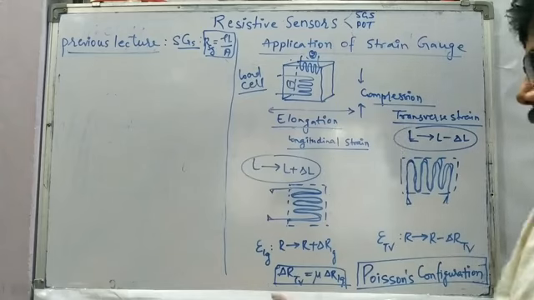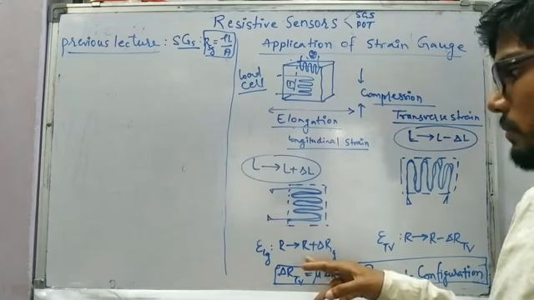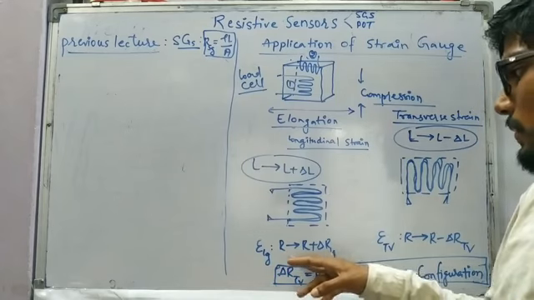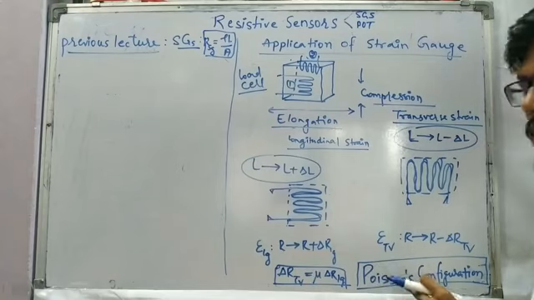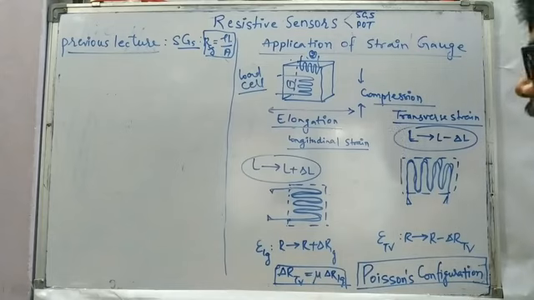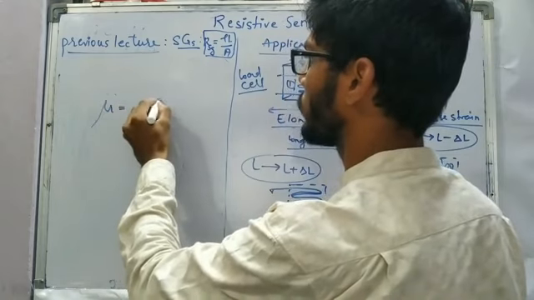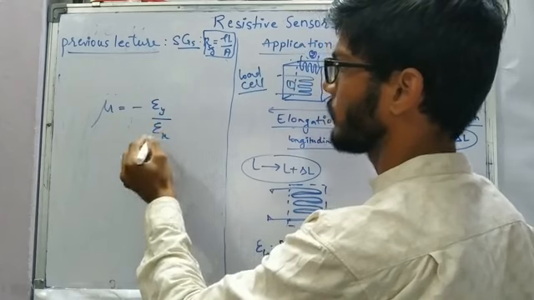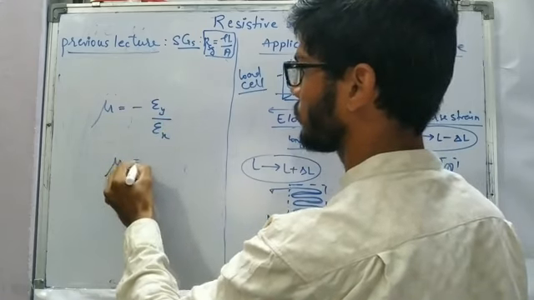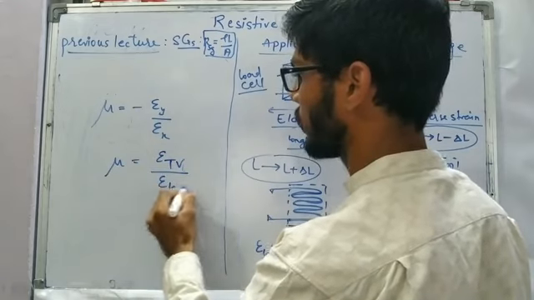So due to the longitudinal strain, the resistance of the strain gauge is going to be affected as R converted into R plus delta R in the longitudinal direction, and in the transverse direction it is going to be R minus delta R. As we know, as per Poisson's law, mu is equal to minus of E transverse by E longitudinal, and if we talk just about the magnitude, mu is equal to E transverse divided by E longitudinal.